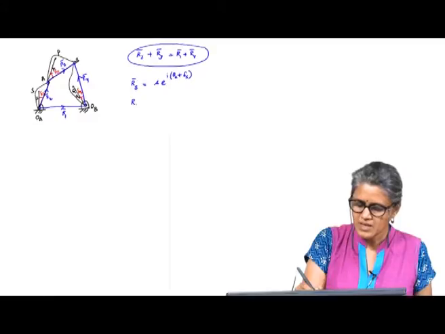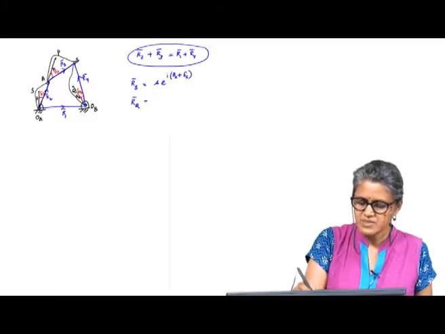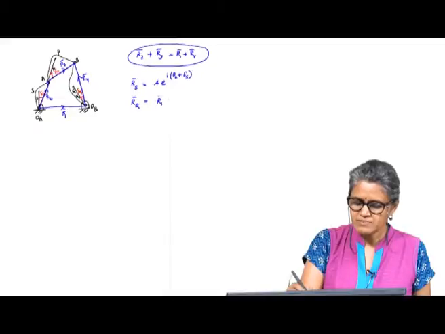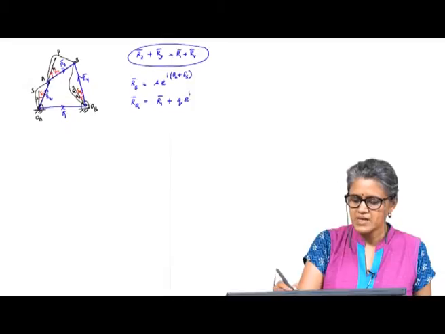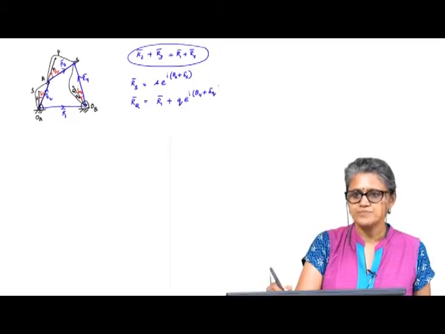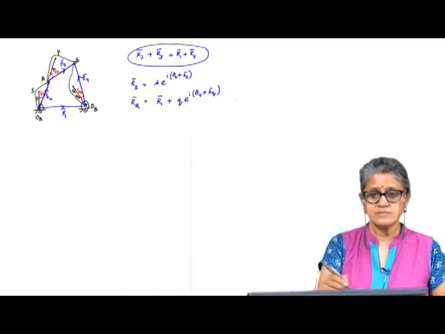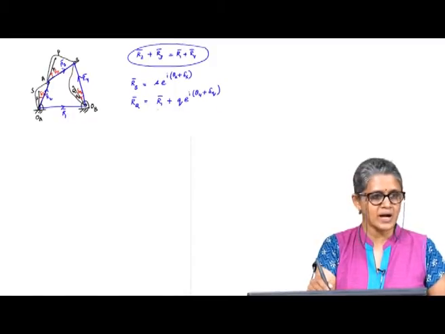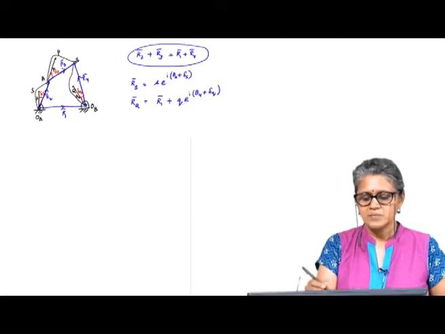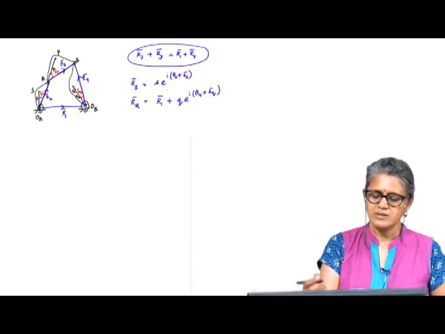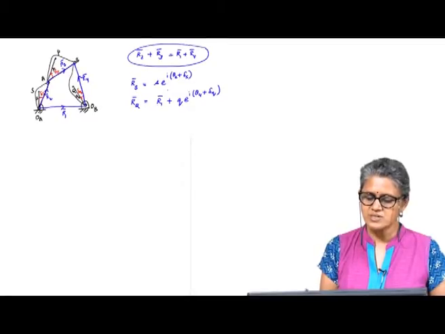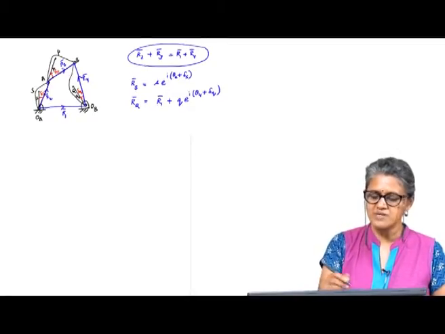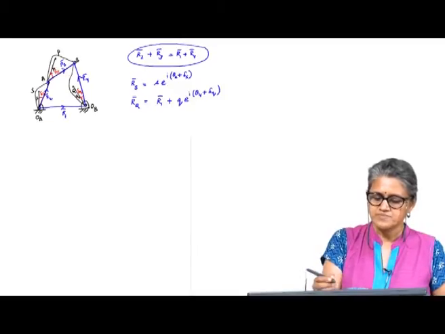Similarly, RQ is R1 plus q e power I (theta 4 plus delta q). So, any point on the rocker can be determined in this fashion, because I know r1 and depending on the distance from OB and the orientation of the line connecting OB to that point I can find this.